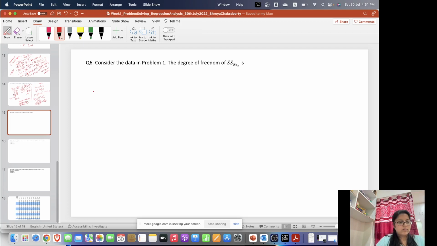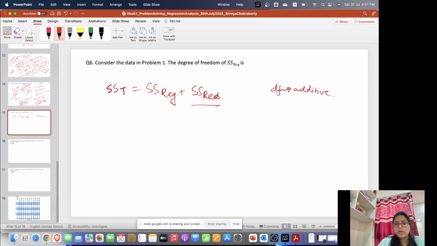Because SST is equal to SS regression plus SS residual, and degrees of freedom has additive property. So for residuals, our degrees of freedom were n minus 2, and for total sum of squares it was n minus 1. So the degrees of freedom of regression would be 1.